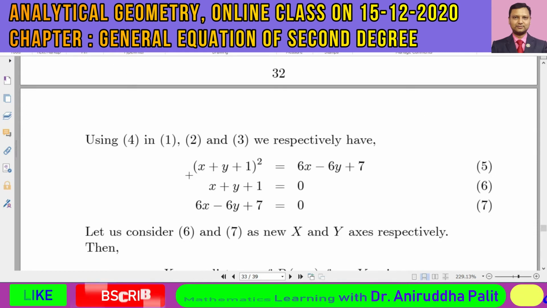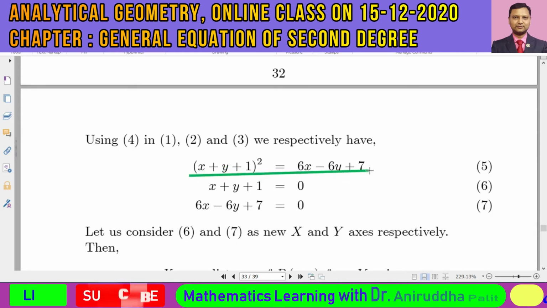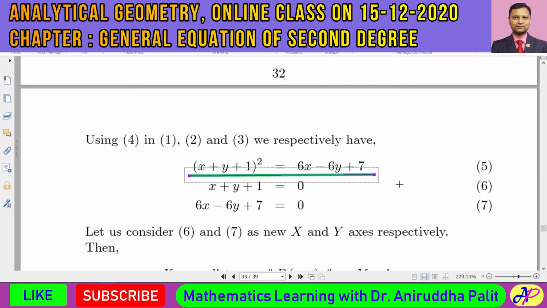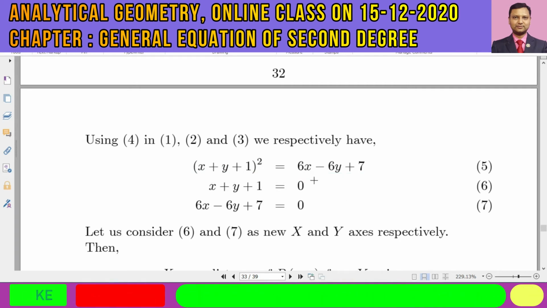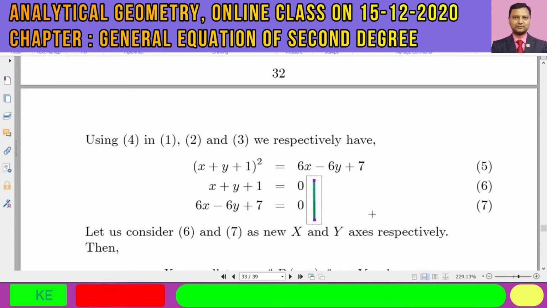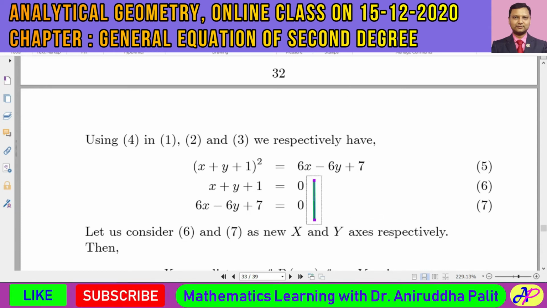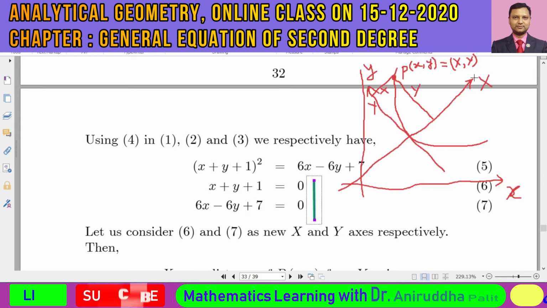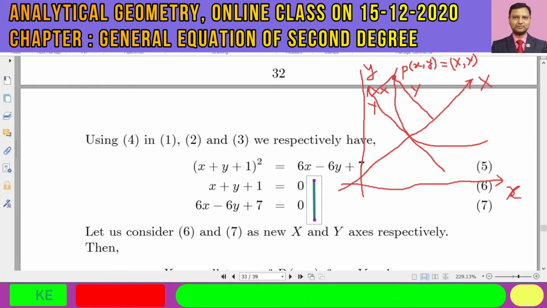This would be the equation of the given curve, and the corresponding straight lines would be: the left hand side equal to 0 means x plus y plus 1 is equal to 0, and the right hand side equal to 0 means 6x minus 6y plus 7 is equal to 0. So these two straight lines are perpendicular to each other, and these two straight lines will form this capital X axis and this capital Y axis.